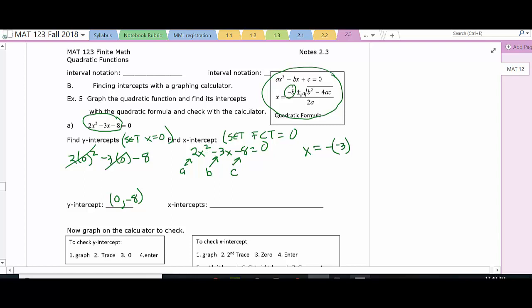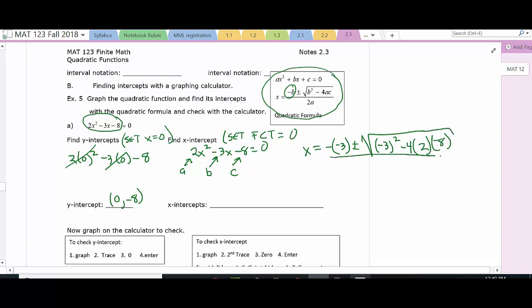You have a plus or minus. I'll explain what that is in a minute. Under the radical, you're going to take b squared. b is negative 3, so you just write down parentheses, negative 3 squared, and then minus 4ac. So 4 times a, which is 2 in this problem, and then c is negative 8.